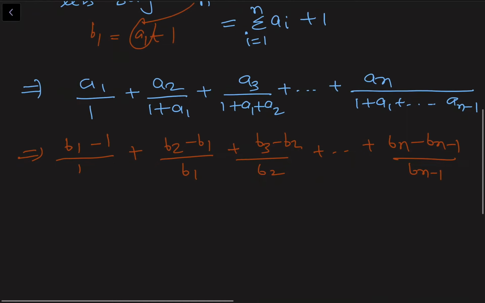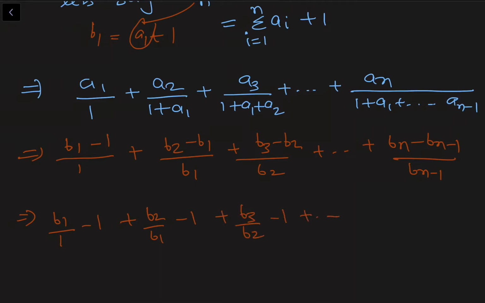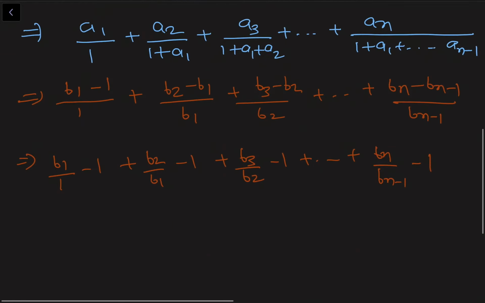Well and fine. Now if I split the terms, what I am getting: b1 by 1 minus 1 plus b2 by b1 minus 1 plus b3 by b2 minus 1, and so on till bn by bn minus 1 minus 1. Okay, so this quantity will be b1 by 1 plus b2 by b1, and so on, plus bn by bn minus 1 minus n.